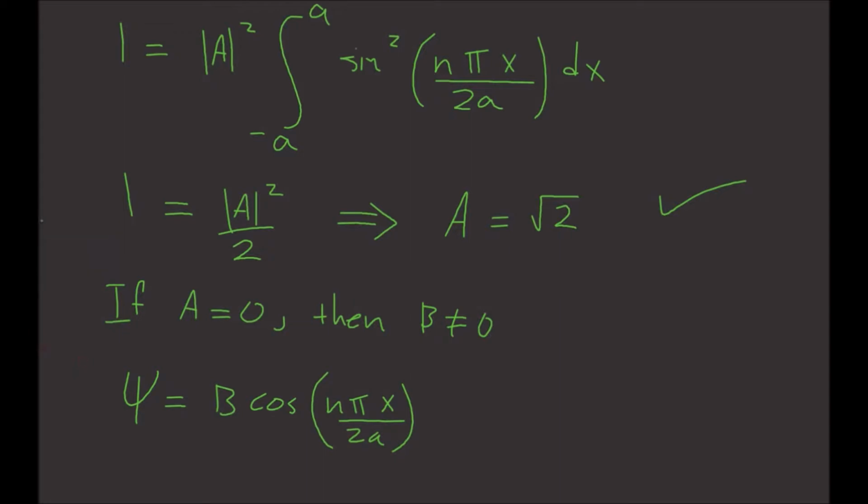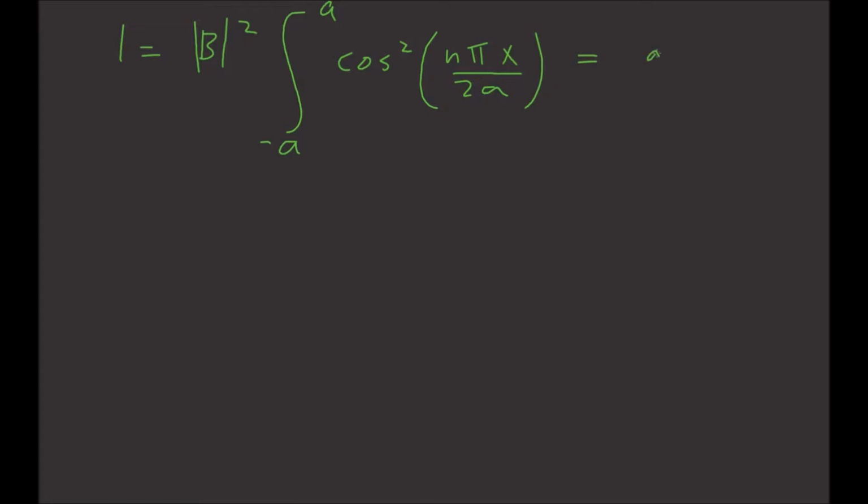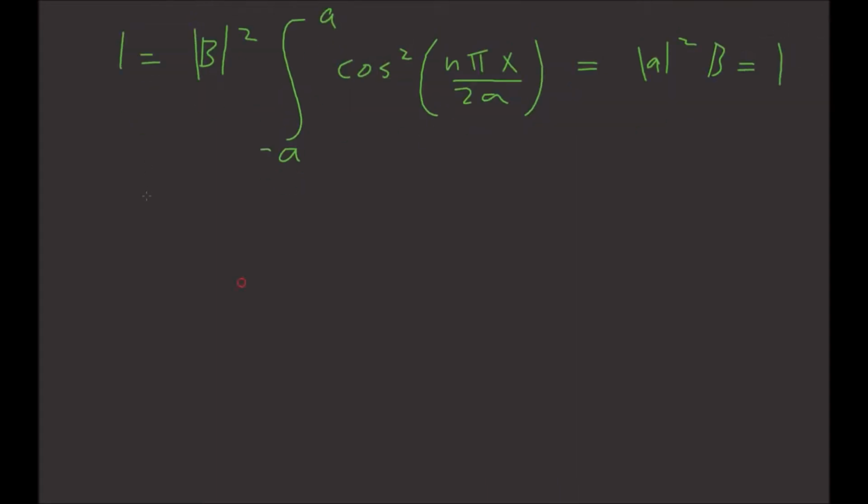If we normalize psi, we get 1 equals modulus squared of b times the integral from negative a to positive a of cosine squared of n times pi times x divided by 2a, which is equal to modulus squared of a times b, which is equal to square root of 2, equal to 1. Therefore b now is equal to the square root of 2.